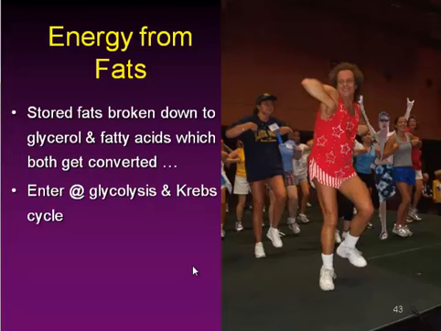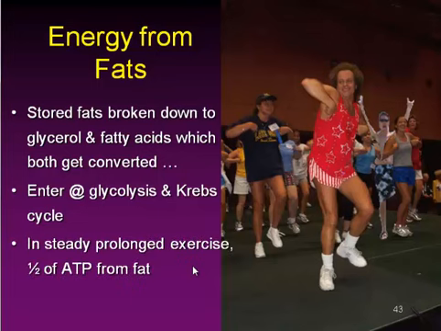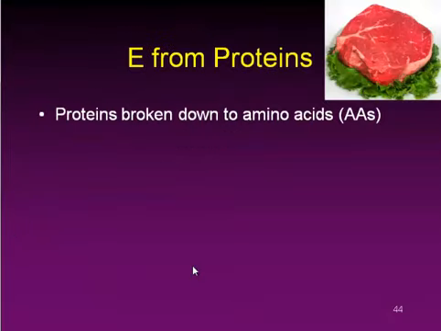But they enter glycolysis and the Krebs cycle kind of simultaneously, so you don't get a huge number of ATP out, but from your perspective, if you're exercising, it's a really good way to burn off those extra calories, those extra fats. So in steady, prolonged exercise, half of the ATP that your body is generating can come from the fats that you're storing in your body.